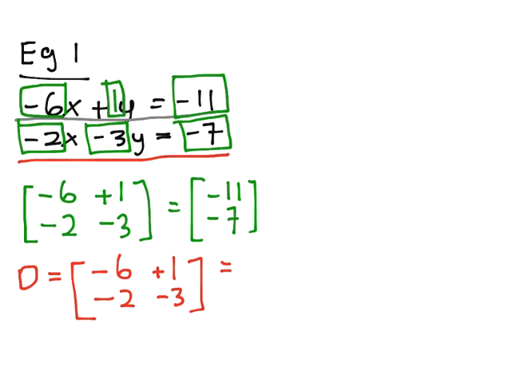So this is A, this is B, this is C, this is D. The formula is AD minus BC.